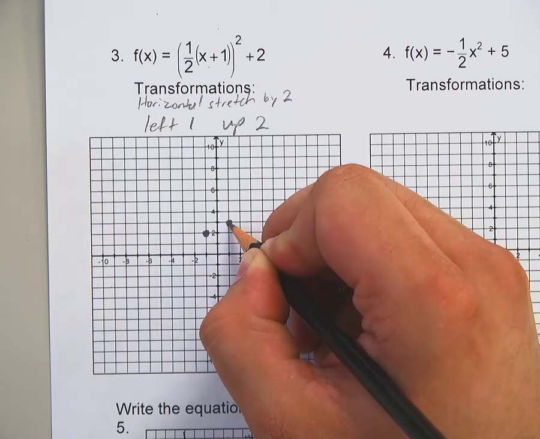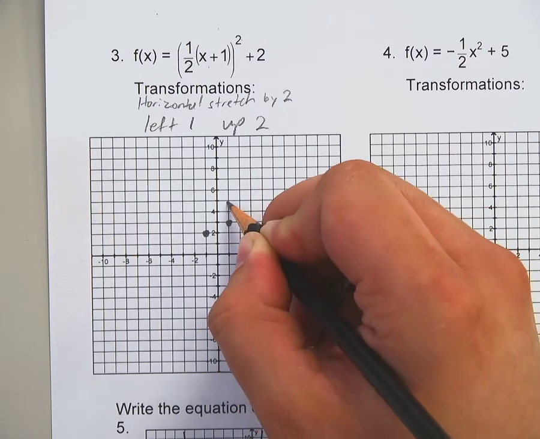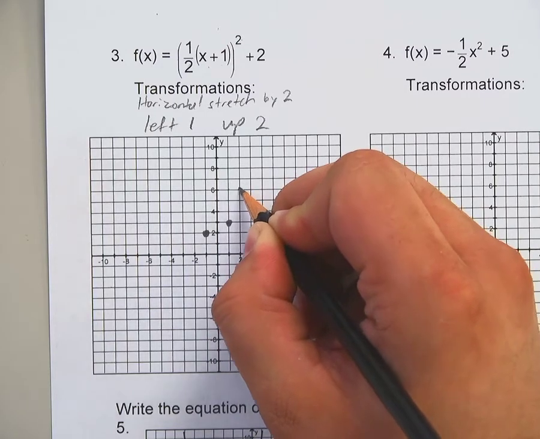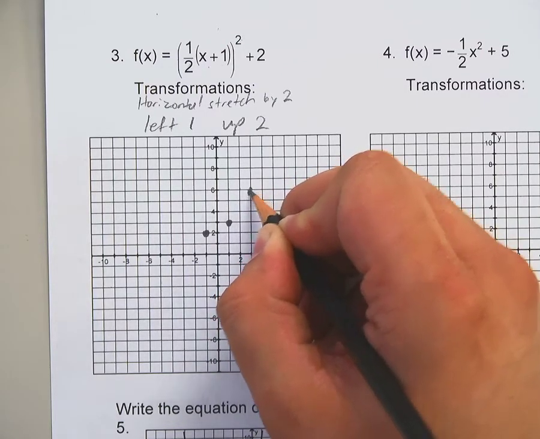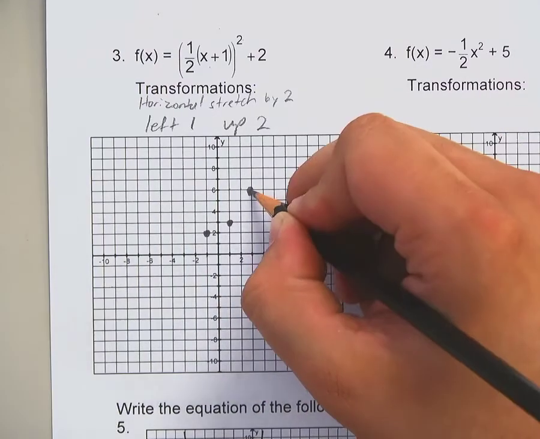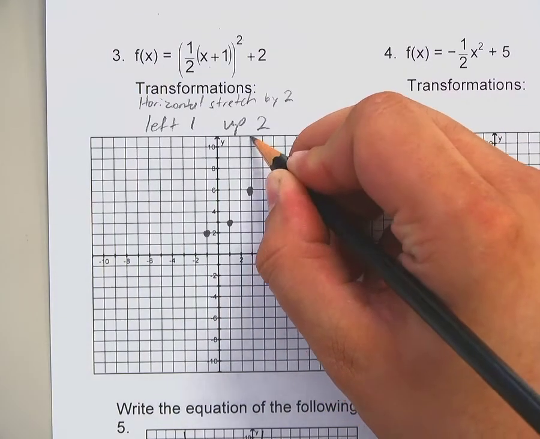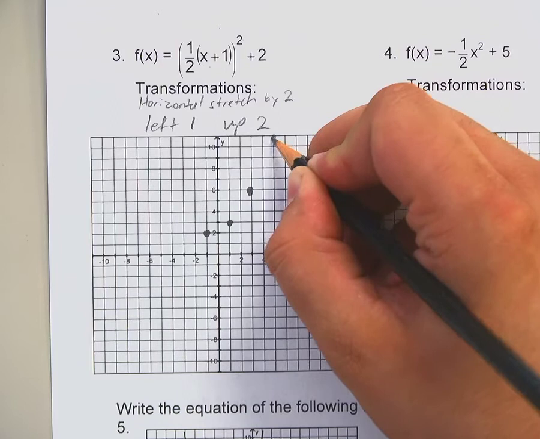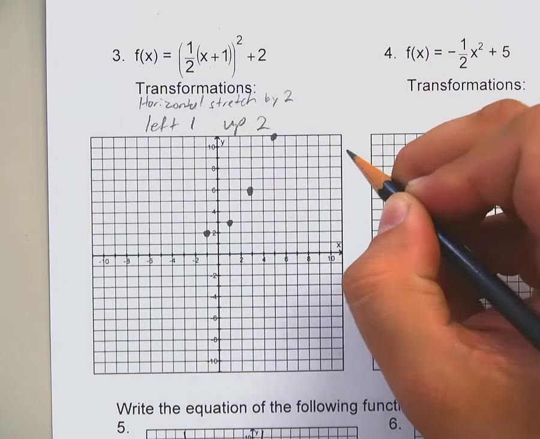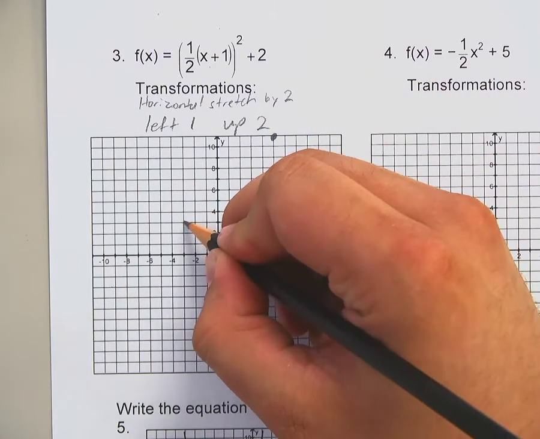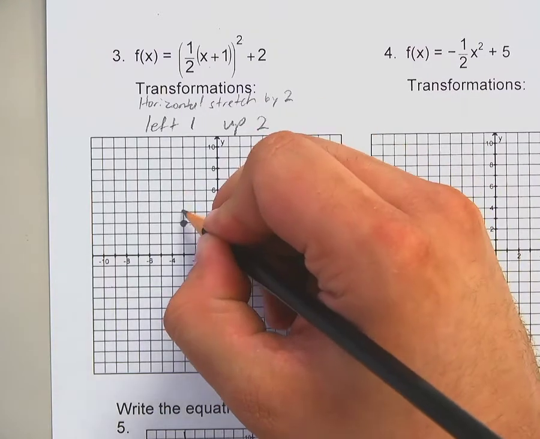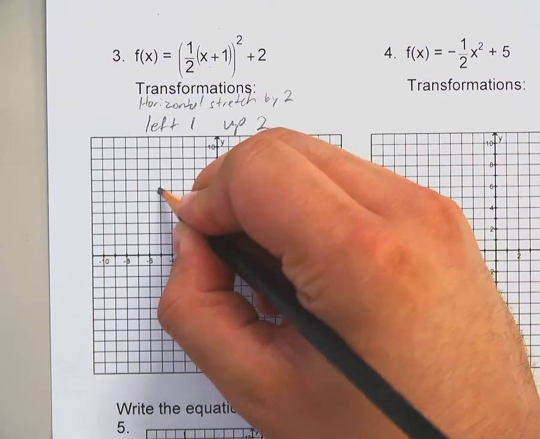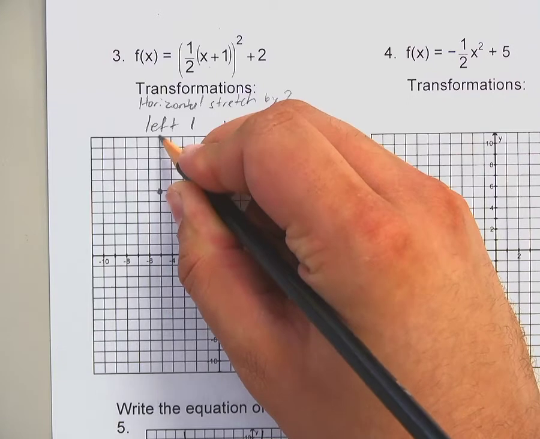And then it was up 3 over 1, so I'm going to go over 2. And then it was up 5 over 1, so I'm going to go over 2.